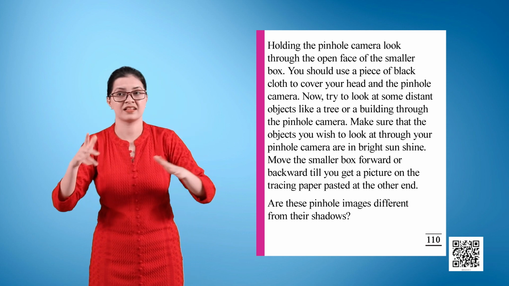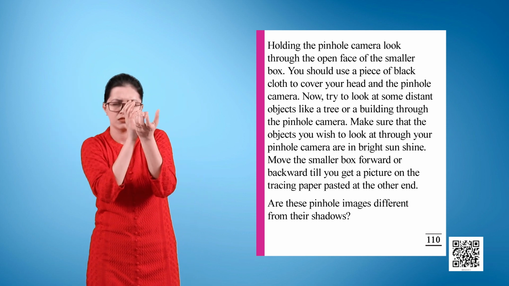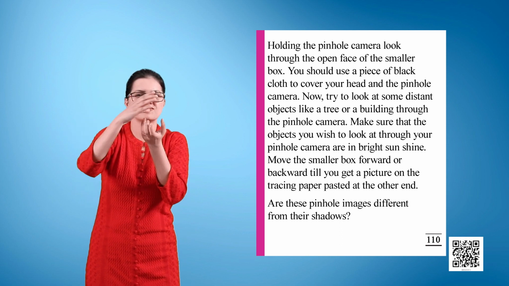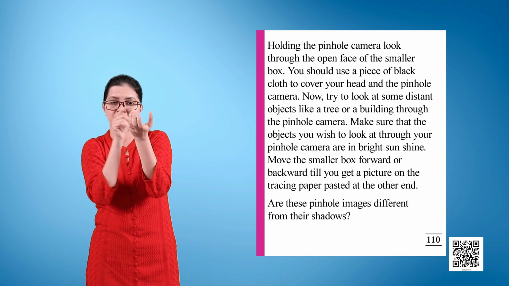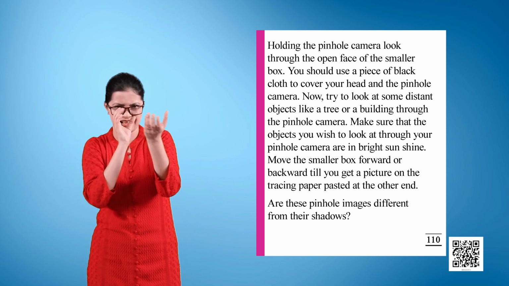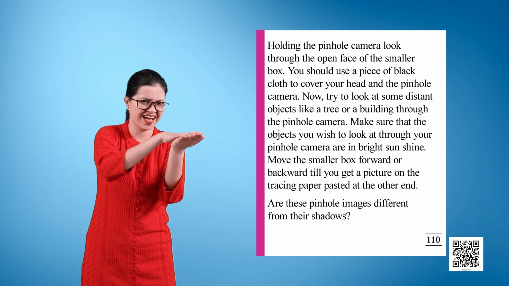Make sure that the objects you wish to look at through your pinhole camera are in bright sunshine. Move the smaller box forward or backward till you get a picture on the tracing paper pasted at the other end.